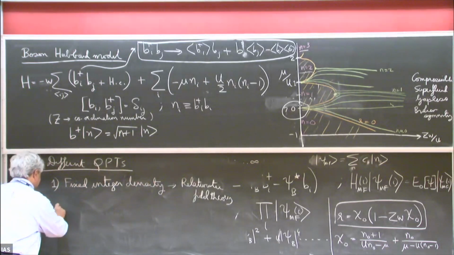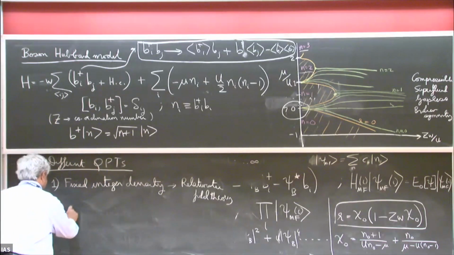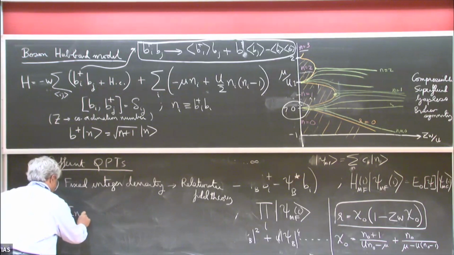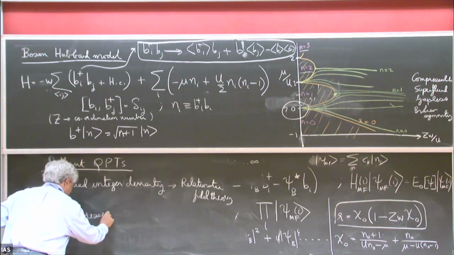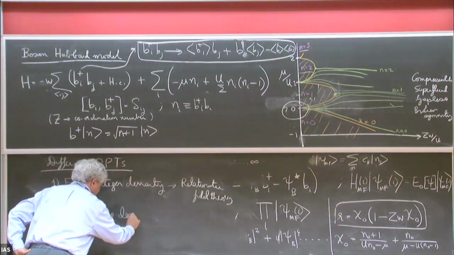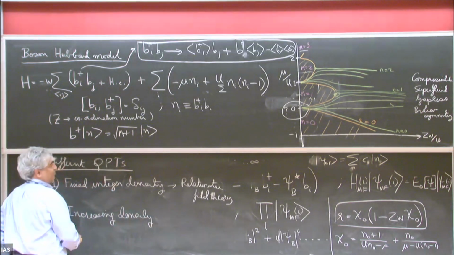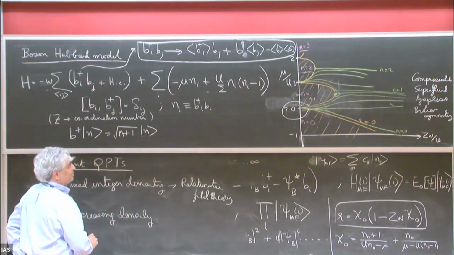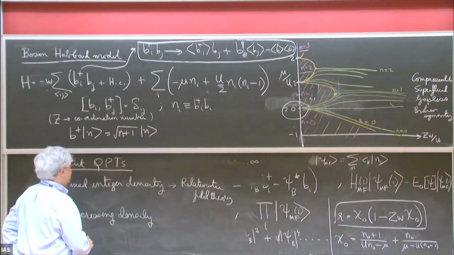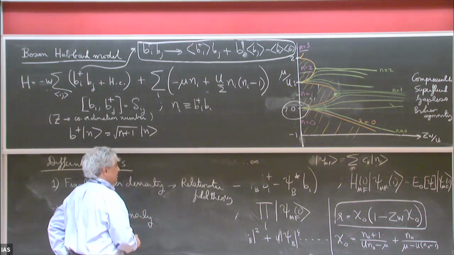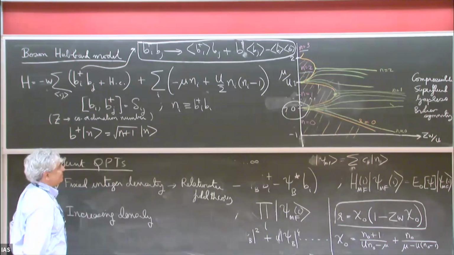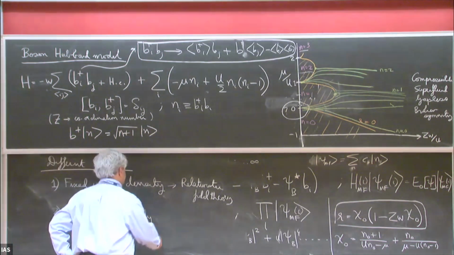Then there's the increasing density transition. Sorry, let's call it another question of how you think of it. Yeah, let's call it increasing density. That is starting from a trivial insulator.